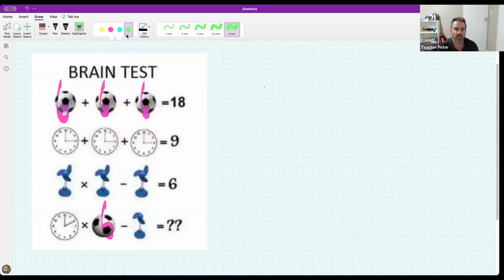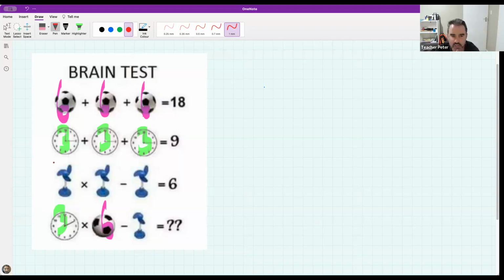What is a clock? The clock is 3. Agreed. The clock is 3. Now, what about the fans? The fans are a bit more tricky. Aha. What's that 3 for, Amelia?